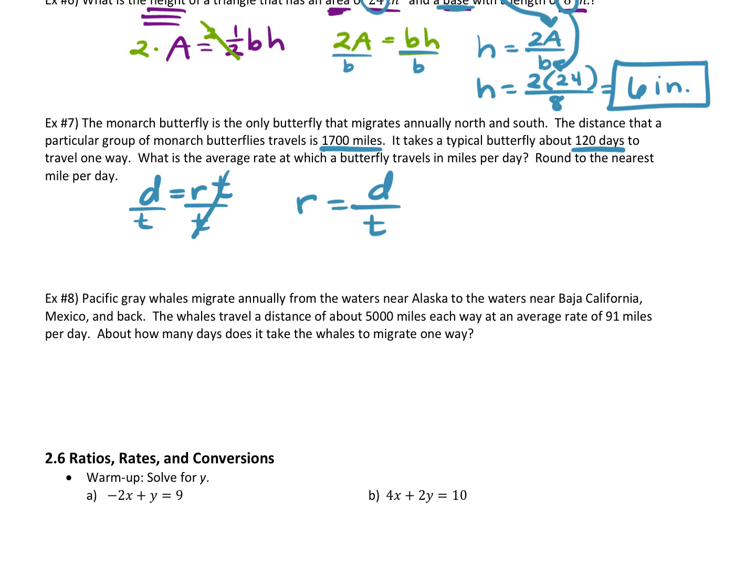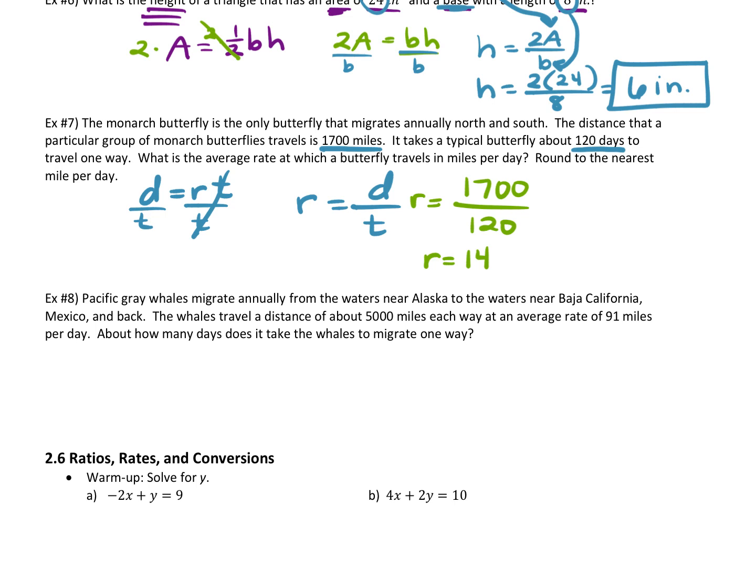What is D? 1,700 miles. Your distance divided by 120 days. So the rate is 14.2.